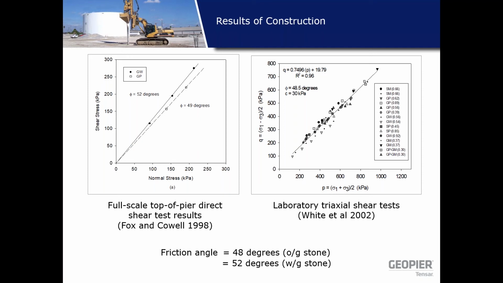Y-axis is your shear stress and x-axis normal stress, and this direct shear test shows you that you can get up to 48 degrees, 49 to 52 degrees for well graded, poorly graded aggregate. So overall, you get 48 degrees when you use open graded stone and 52 degrees with well graded stone. We typically use about 42 to 45 degrees of friction angle in designing the Geopier foundation system.